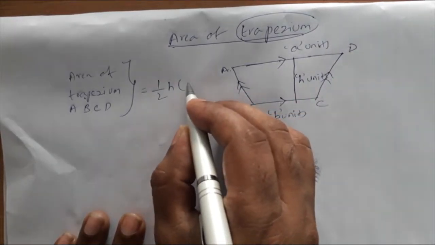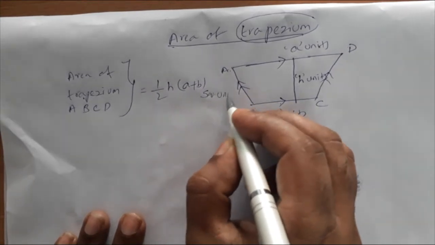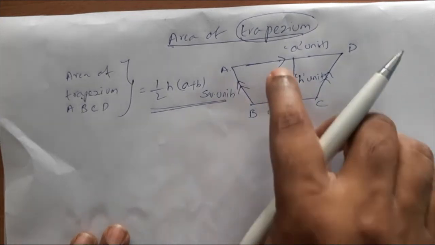So sum means what? a plus b square units. So this is the formula for finding area of trapezium.